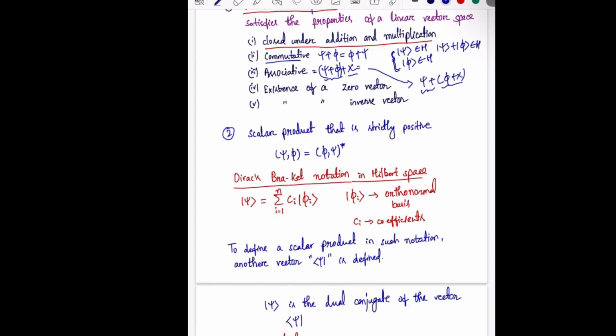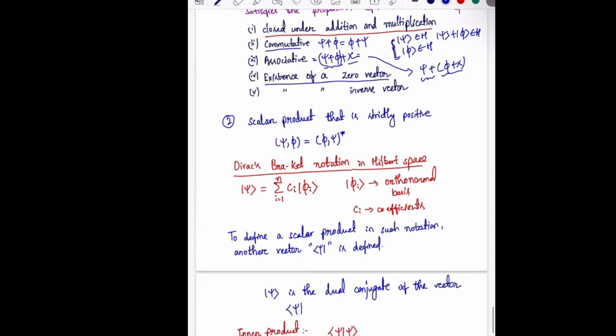So this is the associative property. The other one is the existence of a zero vector, so that if we add this zero vector to this quantum mechanical state, we get the same vector psi, and the inverse vector which will give a null vector, like psi minus psi gives the null vector 0.